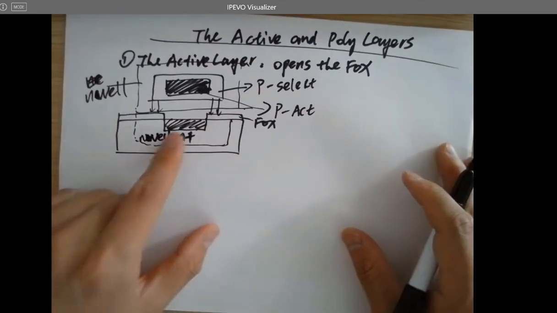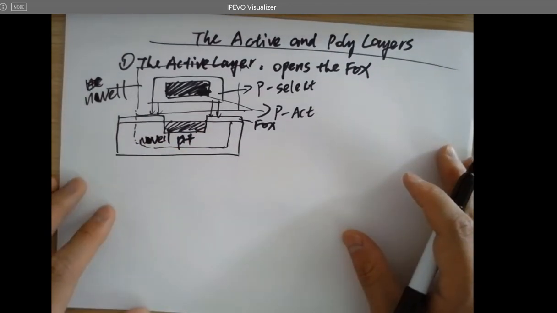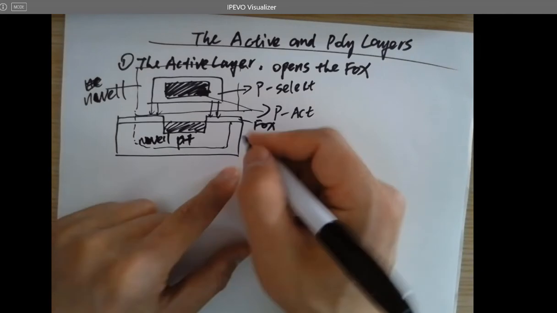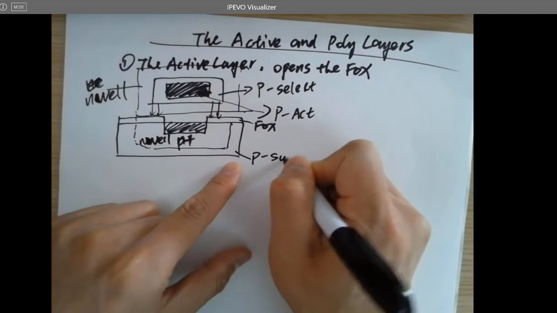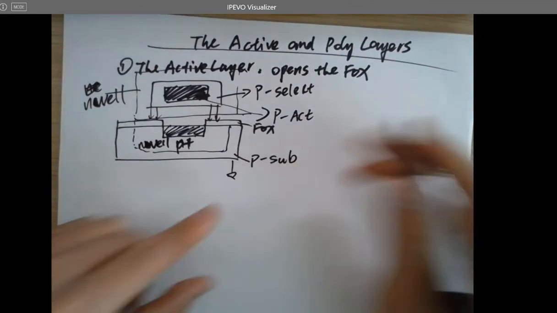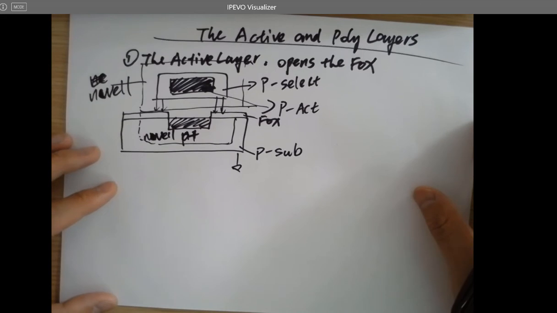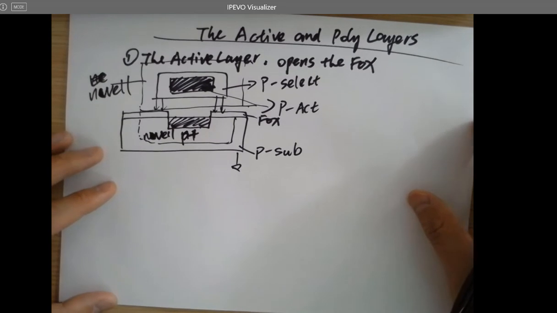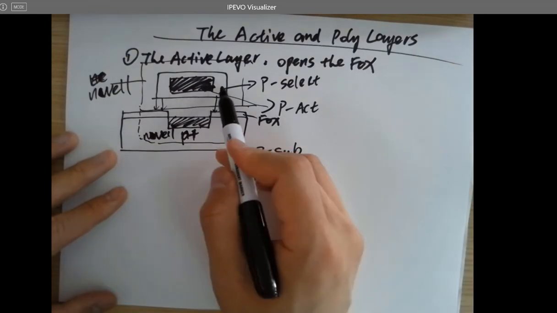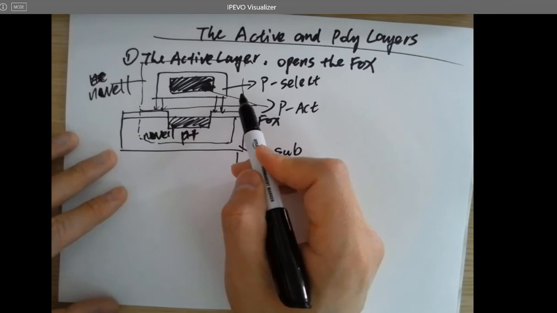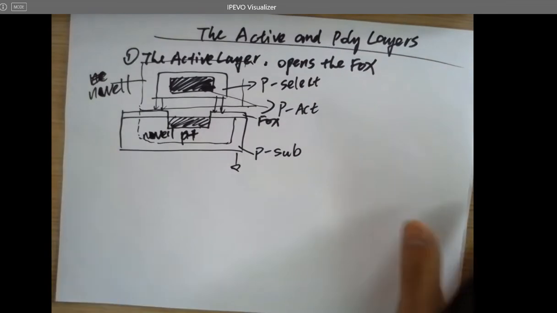Because you want the P plus in the N-well, so it's not shorting the P plus material to the P substrate. That's a P-type P sub, right? Which is grounded normally. Okay, so that's a P plus node. It has a P act, P select, and N-well.